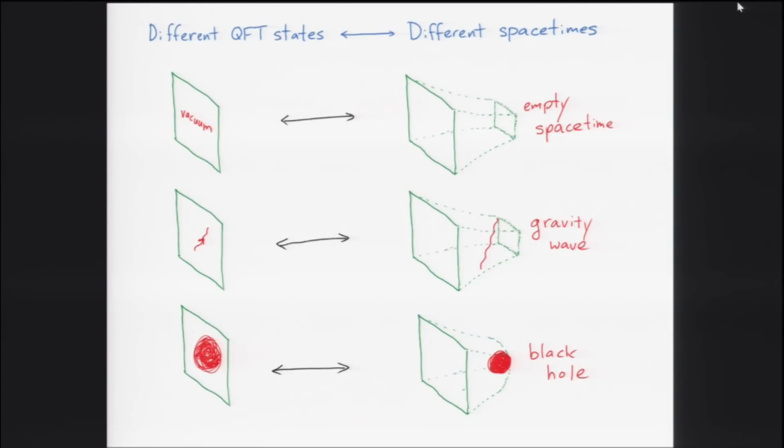These examples tend to have very large numbers of fields. But just like any quantum field theory, you can have a state that's the lowest energy state of the system. So there's a quantum vacuum state. And the idea would be that somehow that corresponds to, or is encoding the information about, a big empty space-time with nothing in it. We'll talk more about the details of what kind of space-time that is.